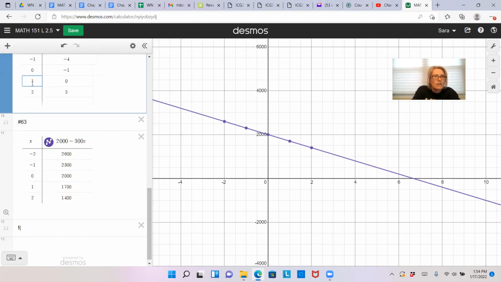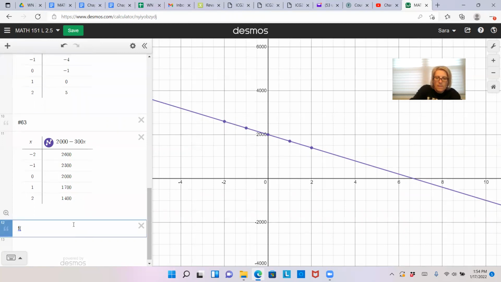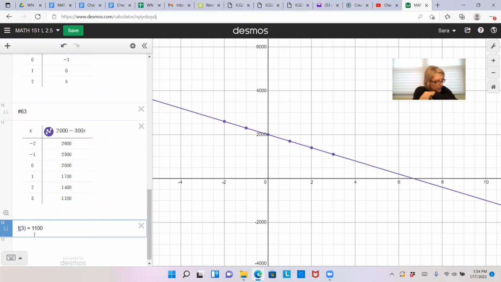Oh, geez. I'm in the wrong spot here. So f of 3, we can go to our table and just put 3, and it will give us that output. So that is 1100. I'm just documenting here. And then because the interval, they want us to look at is 0 and 3, we also need f of 0. And that's already there in our table at 2000.